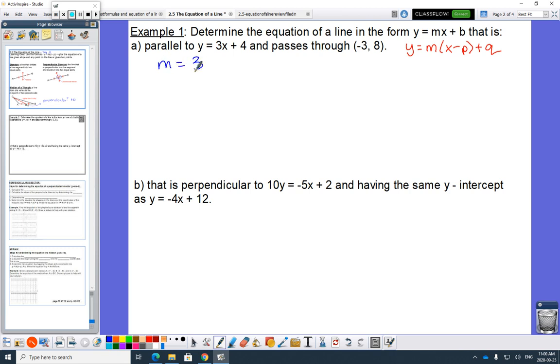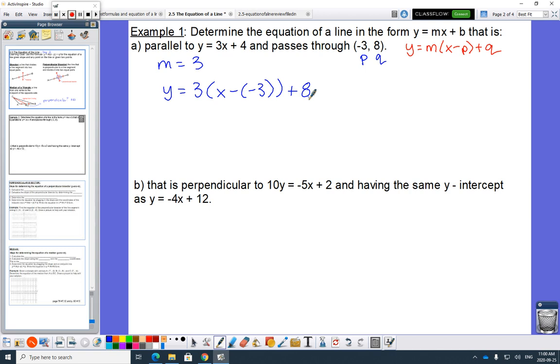Yep. And we are given P and Q. And you just plug it in. Okay, I chose a negative x value on purpose because then it's negative negative inside the brackets.